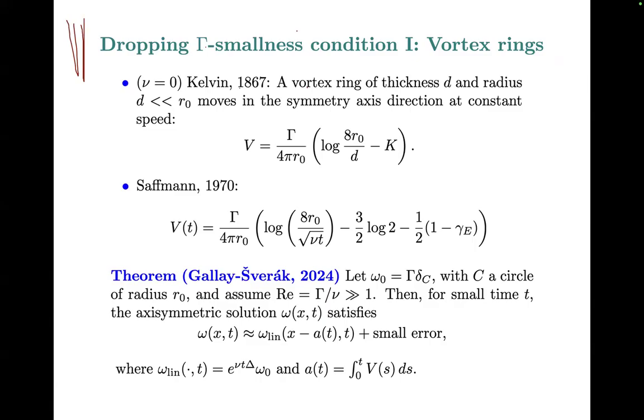Because it's the value of the radius only, and it is moving in x minus a(t), and the derivative of a is precisely v, and v is the formula you saw before. So that is the reason why this result was so important. It really settled the question of a well-known object, which is the vortex ring.